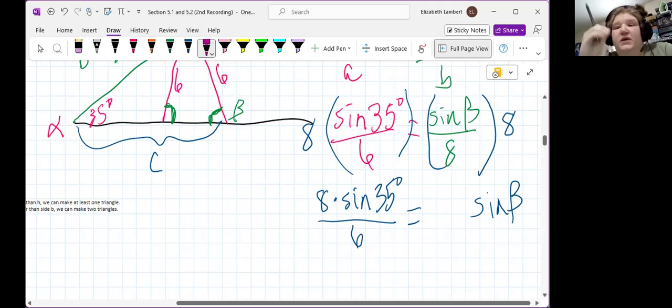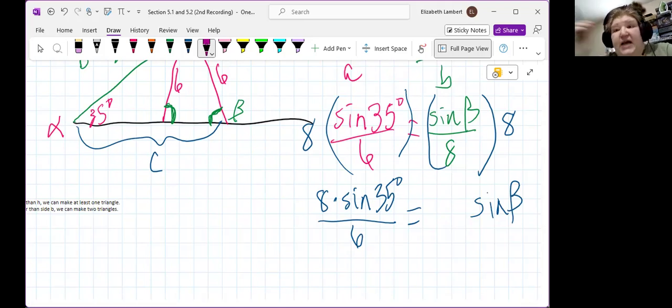Now, looking at this, you might think sine of beta means sine times beta. It doesn't. Unfortunately, in math, we use the word of in 2 different contexts. When we're just describing a thing in English words, we'll use of to mean multiplication.